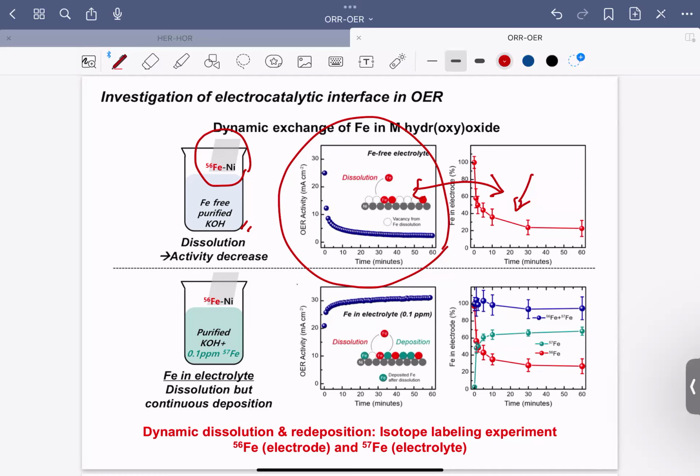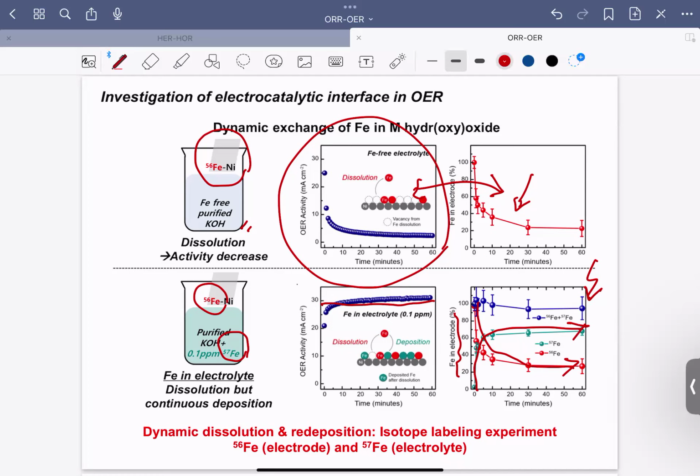And to figure out what happens when there is iron in the electrolyte, I prepared iron 56 in the electrode and iron 57 in the electrolyte and did the same thing. The activity is really maintained, right? And the striking feature is that, please keep in mind this is the iron in the electrode, the initial iron 56 from the electrode is gone very quickly, but we can observe deposition from the electrolyte.